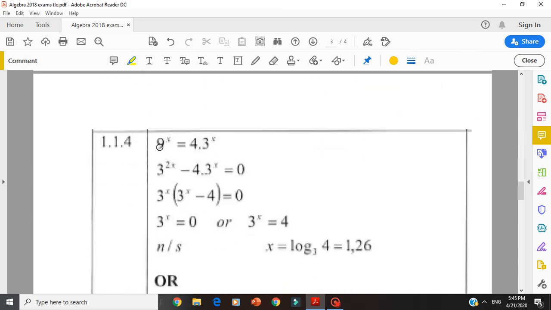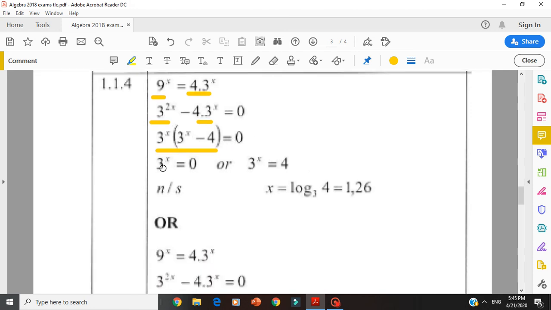Okay, so 9 can be rewritten as 3 squared, right? And so 3 squared raised to the x will become 3 to the power 2x, because 2 times x gives you 2x. We take the 4 times 3 to the x on one side and factorize 3 to the x out, and you'll get 3 to the x times 3 to the x minus 4 equals 0. 3 to the power x cannot equal 0.